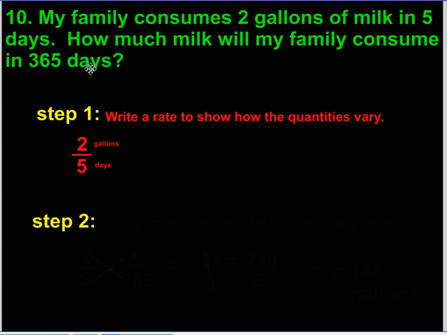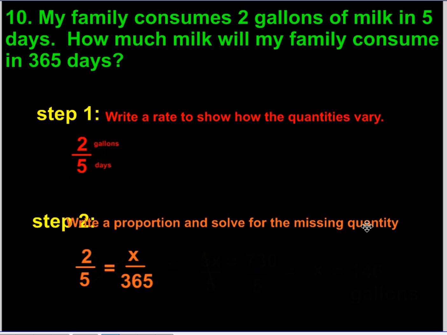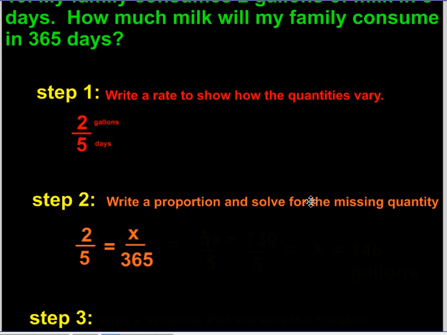If we come back up to the problem, we can figure out what it is the missing amount. We have 365 days, so gallons are the missing amount. So our x is going to be on top as we write the next step, which is the proportion. So again, we're going to multiply 2 times 365 and 5 times x.